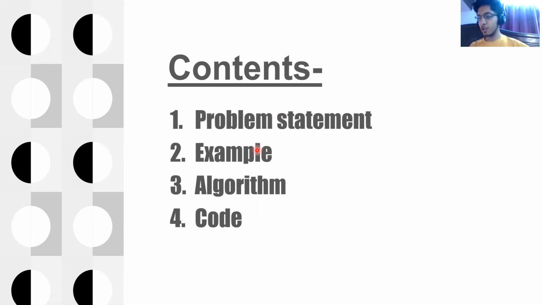To make things easier, we will be understanding the problem through an example. After that, we will be discussing the algorithm, and finally, we will try to understand the code line by line. In the later part of the video, I will also explain the execution of the code through the GNU 8085 simulator. So let's move on to our next slide.